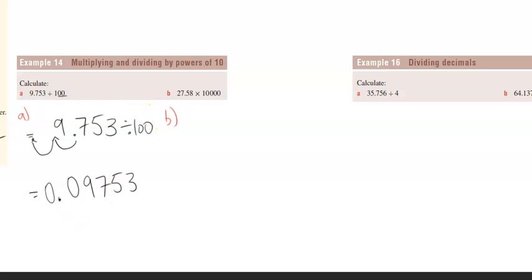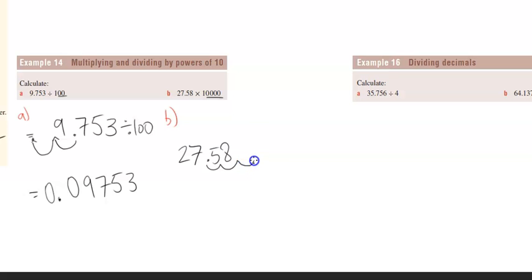Alright, for B, when we are multiplying by a number like 10, 100, 1,000, 10,000, etc., we are moving the decimal point to the right. 27.58. This is going to go to the right. 1, 2, 3, 4. There are 4 zeros here. So 1, 2. And then again, there's no other numbers to keep going.